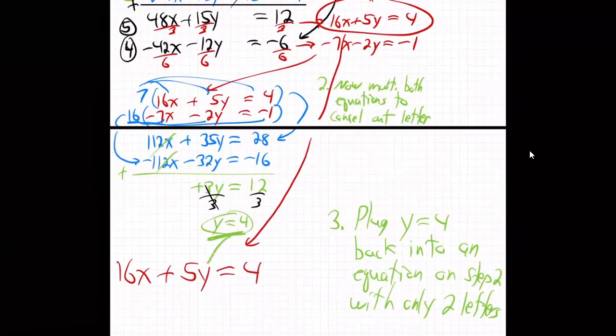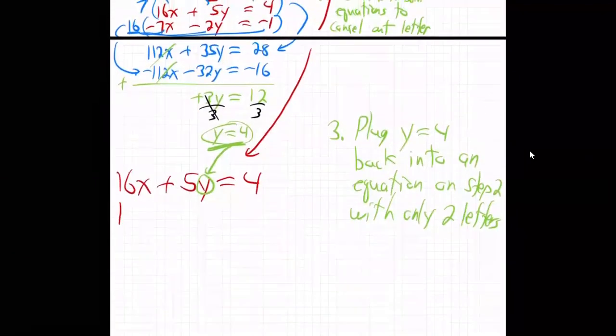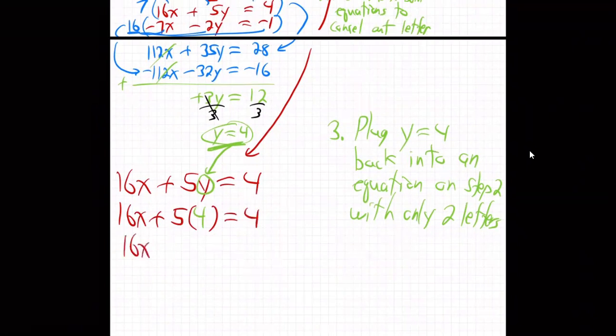Just grab one of them and then just plug in right there. Y, we now know y is 4. So this will become 16x plus 5 and 4 equals 4. 16x plus 20 is 4. And then subtract 20.